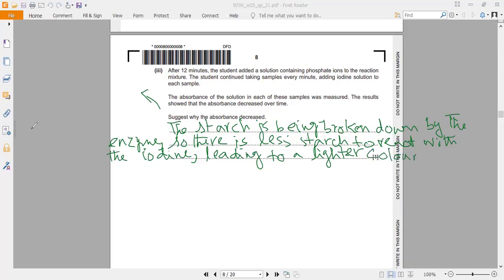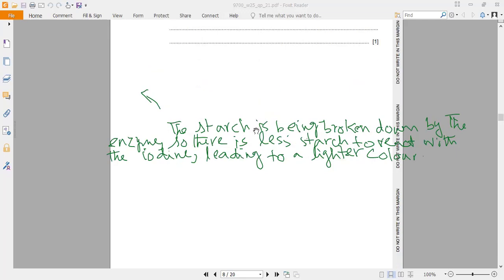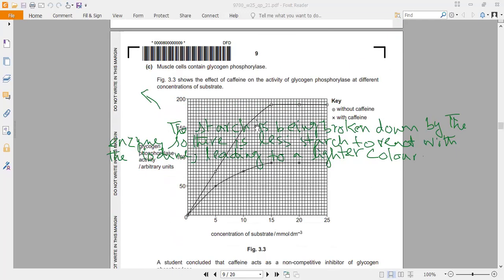In other words, we can say that there is no enzyme left behind to work with. So it was all about this question. It was of only 1 mark.